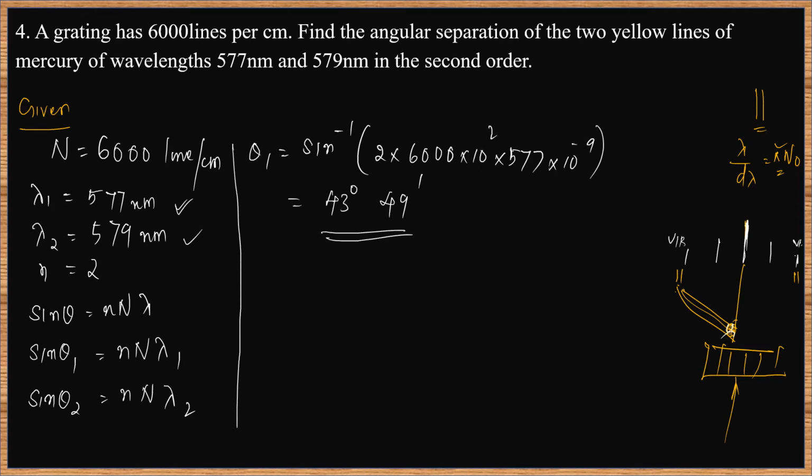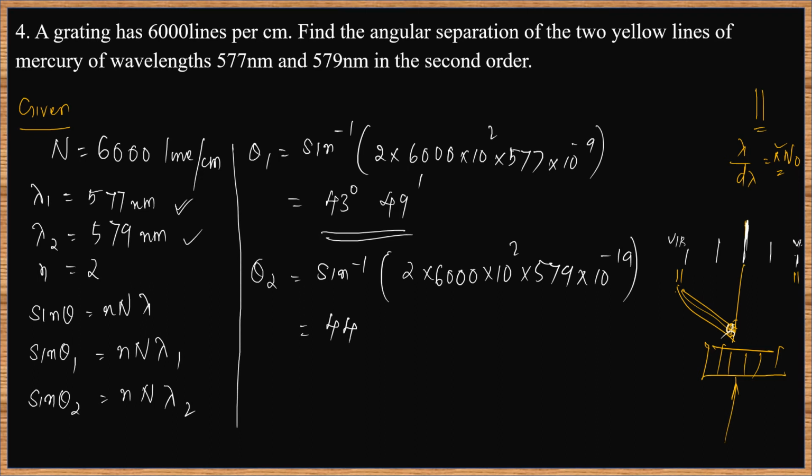Similarly, theta 2 can be found out: sine inverse of 2 into 6000 into 579 into 10 raised to minus 9. So that is around 44 degree. The angular separation, which is what we need to find out, is theta 2 minus theta 1.